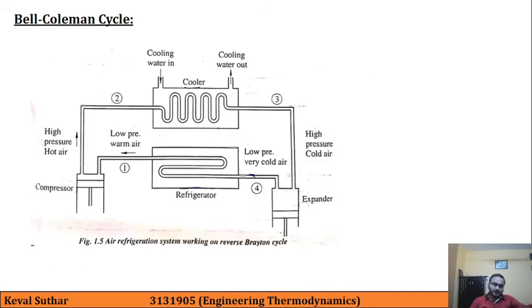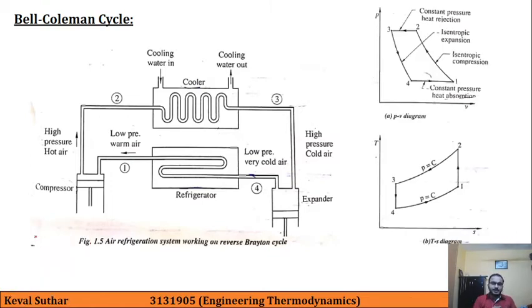So this is the arrangement for Bell-Coleman cycle or reversed Brayton cycle. So here, let's first understand the components with PV and TS diagram.